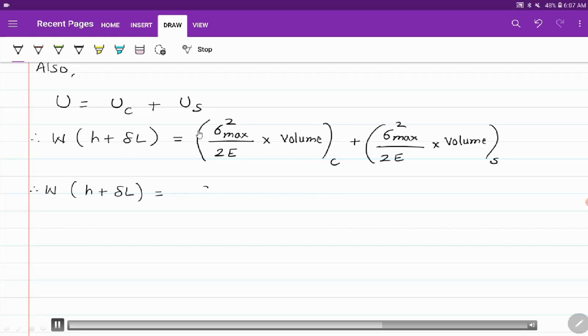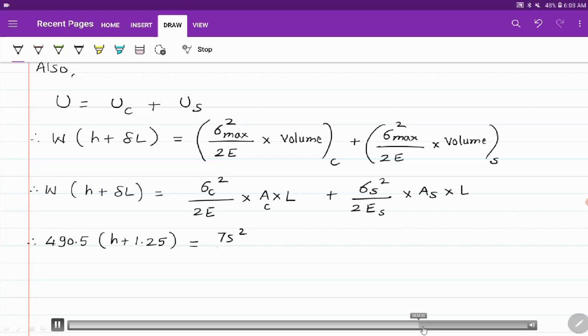So Uc and Us are nothing but the strain energy stored in copper plus strain energy stored in steel. Volume is area into length. So W as it is, h we have to find out.